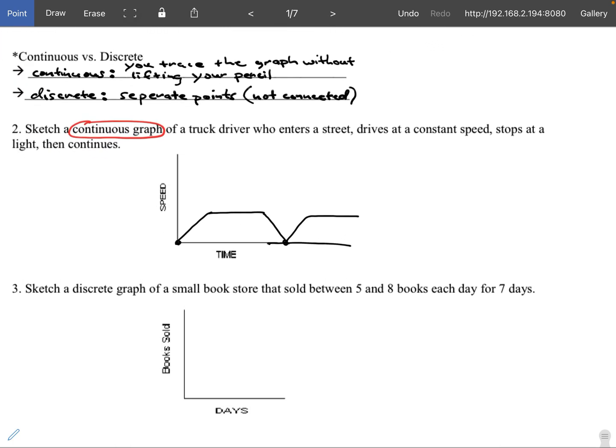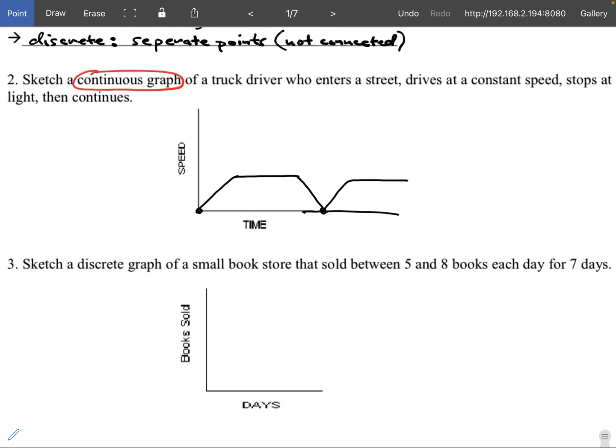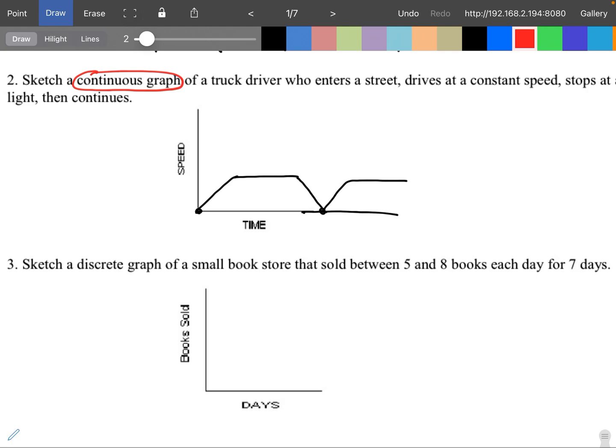And then the next one, I'll slide up a little bit. So the next one, we're almost done. I guess I can't slide out much more. All right, this one says bookstore sells between 5 and 8 books each day for 7 days.